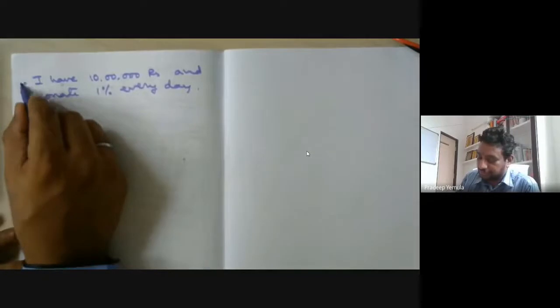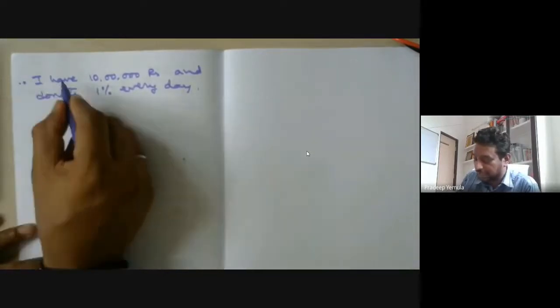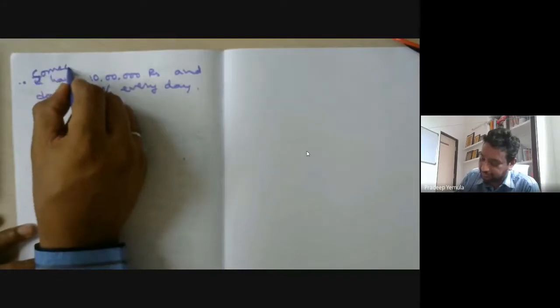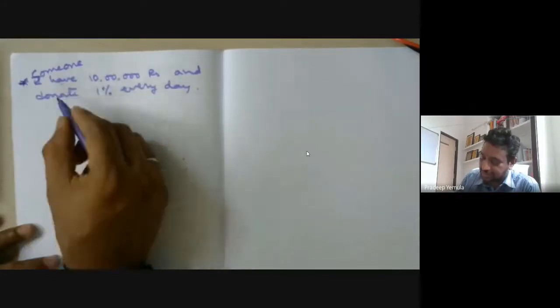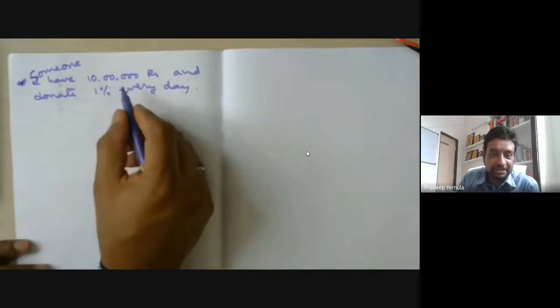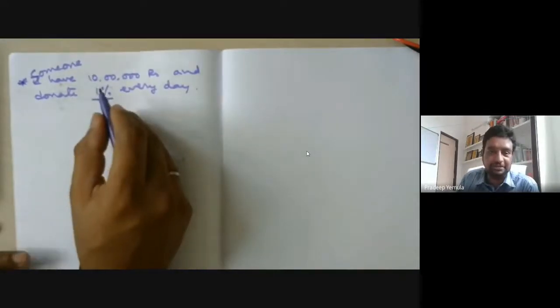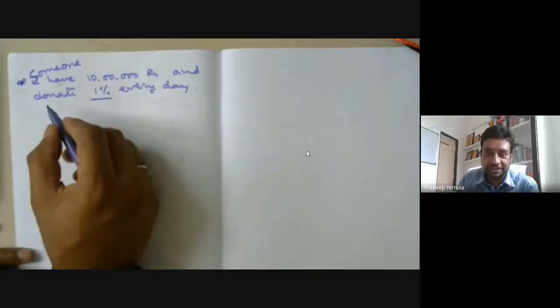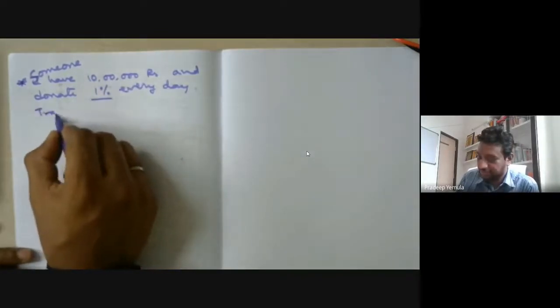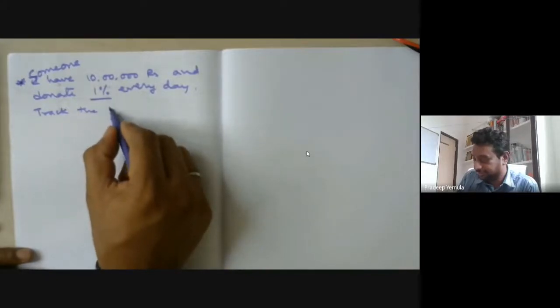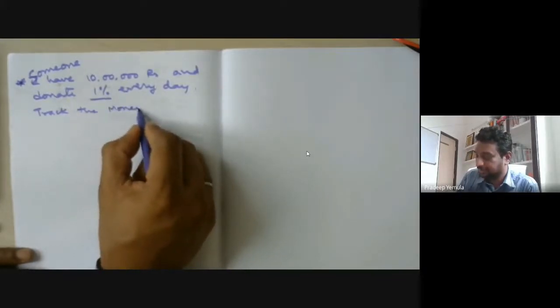I don't have 10 lakh rupees, we'll say someone. So someone has 10 lakh rupees and they donate 1% of whatever they have, every day. Okay? So track the money versus time.